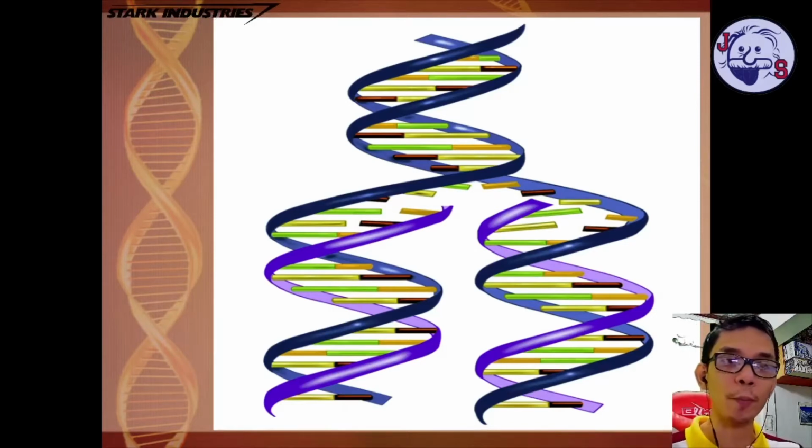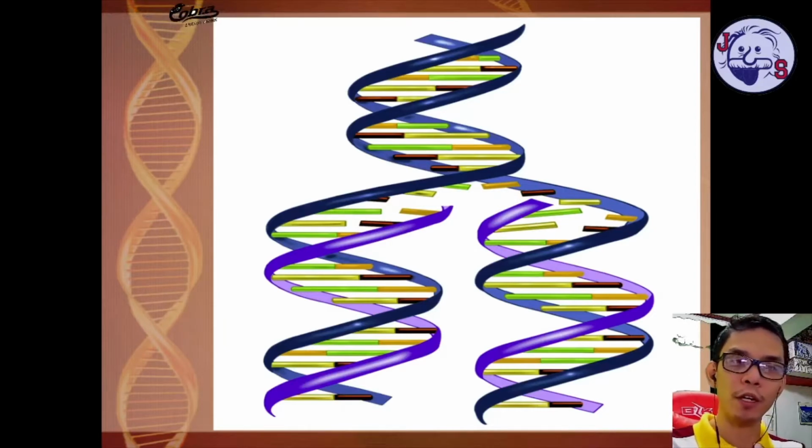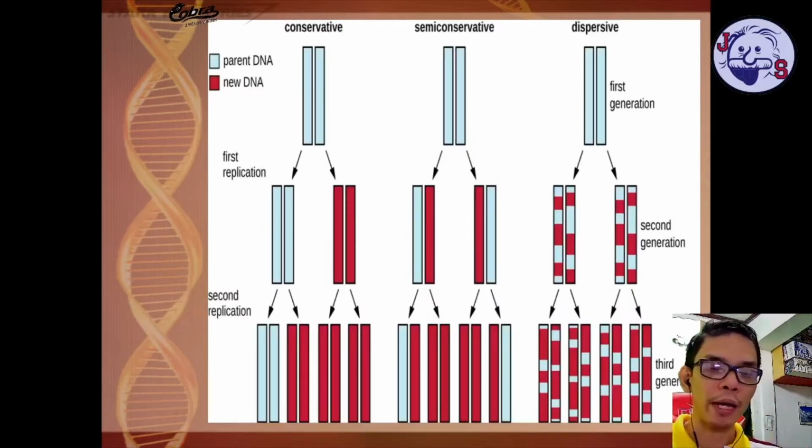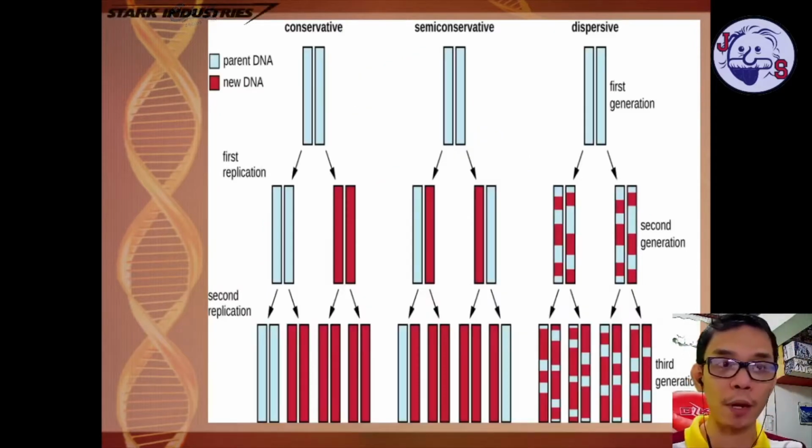You know the people who discovered the DNA: Francis Crick and James Watson. People like them did not have any idea how the DNA replicates, so these biologists developed several models on how the DNA replicates.